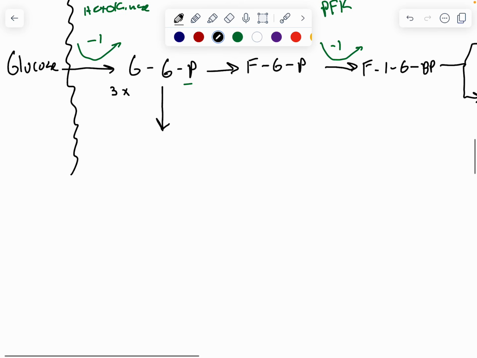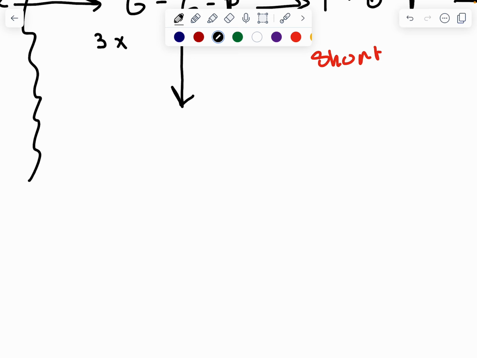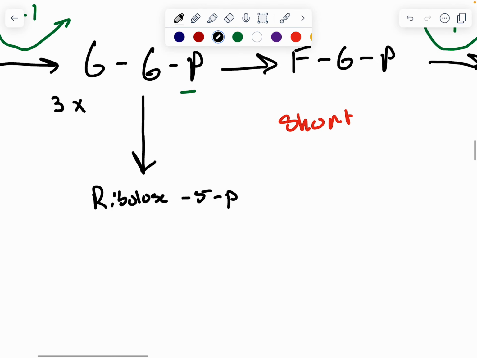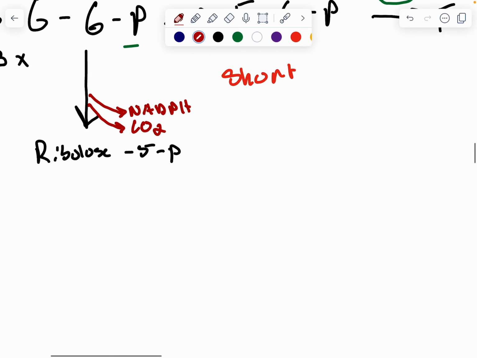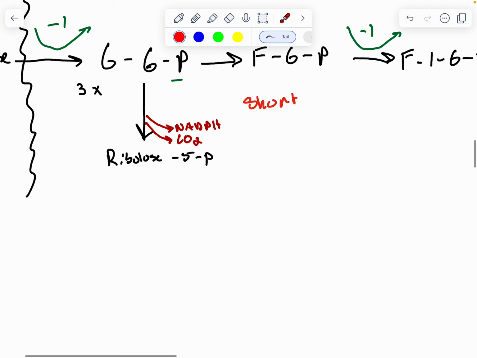From here in our pentose or shunt pathway, our main products down here, I like to call it our intermediate product because it gets transformed into other stuff down the line, but Dr. G might use it as one of the main products. We're going to be generating ribulose 5P, and we're also going to be generating right here NADPH, and also a CO2. The most important products to know for this specific area are NADPH and ribulose 5P.